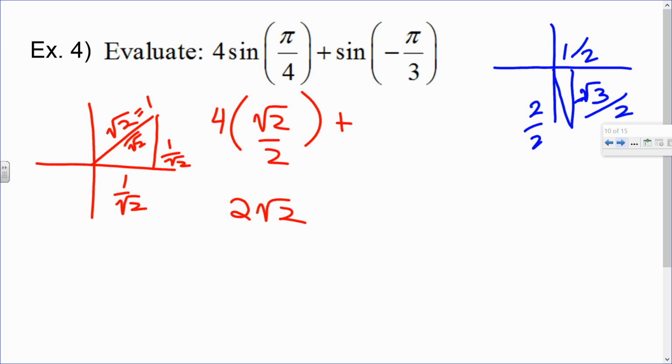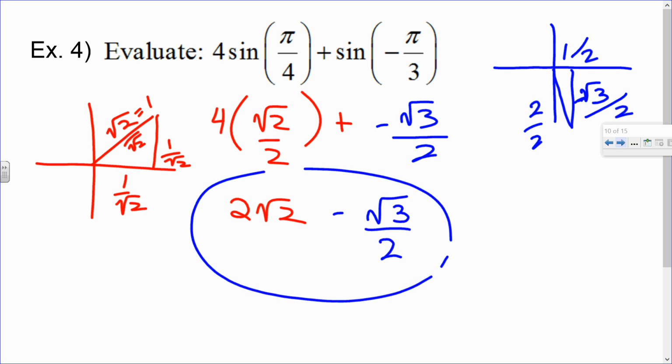So what is my sine when I am at that angle? What will we get, Jack? So a negative root 3 over 2, and these are not like terms, so we can just leave it like that. One's a square root of 2 and one's a square root of 3. So it takes some getting used to, but you get the idea of the process.